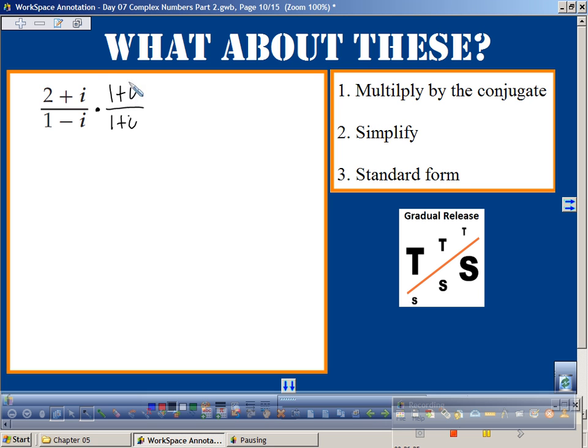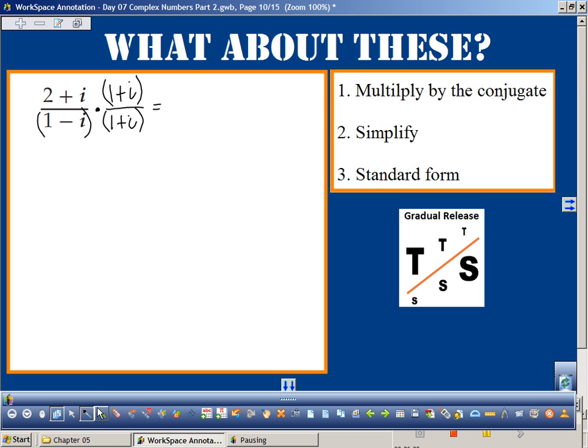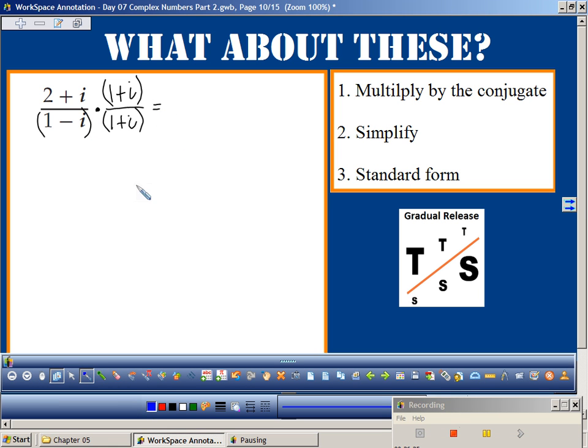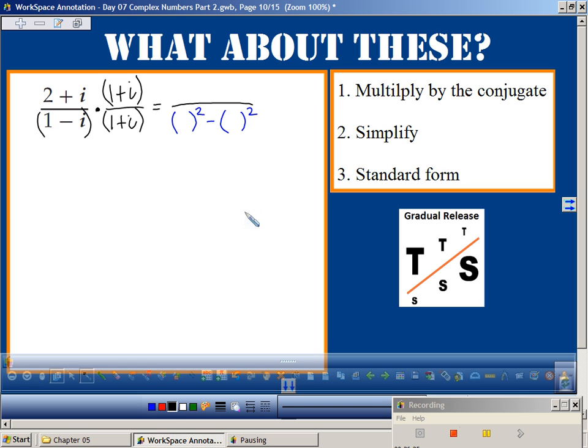1 plus I. I just created the difference of 2 squares. What's the square I broke up for this one? 1.